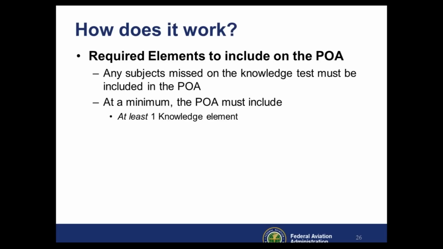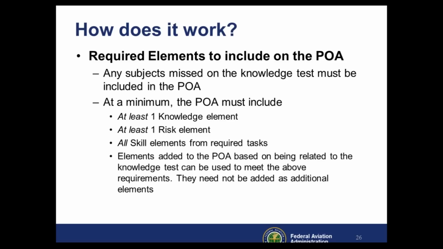The designee could select 3, 4, 5, or all elements, so the applicant needs to be prepared to answer any of the elements described in the ACS. But at a minimum, the plan of action must address at least one. It must address at least one risk element, and we're going to look at an example here to make more sense, I think. And then finally, all skill elements must be addressed in the plan of action.